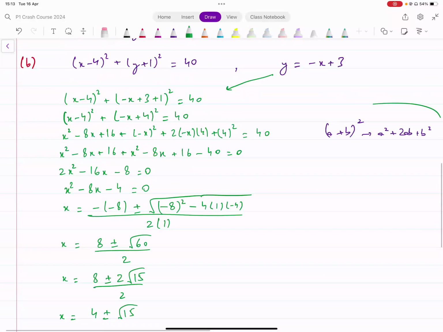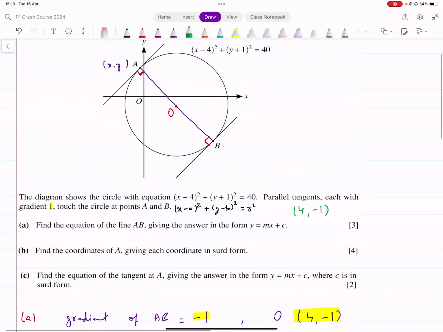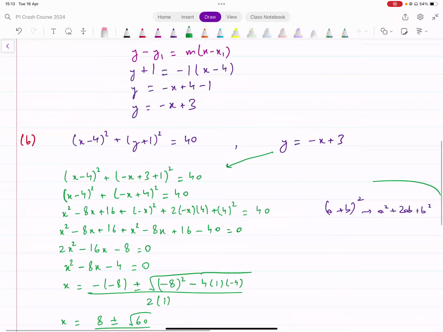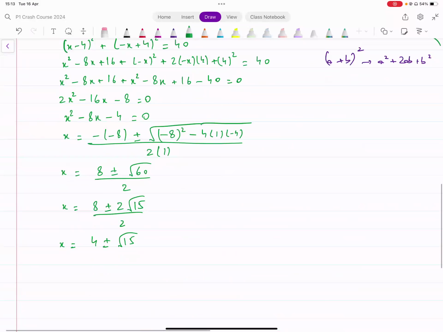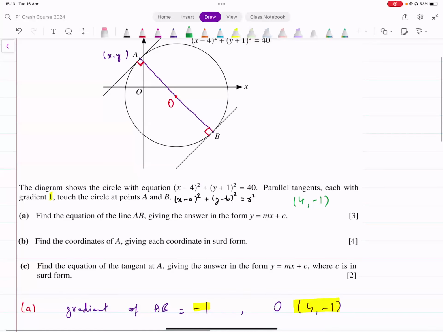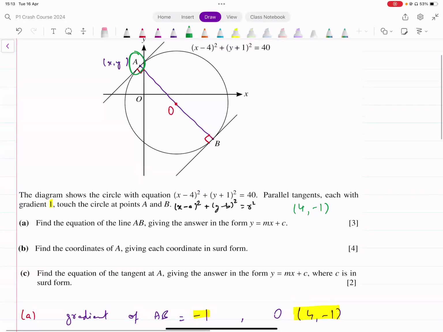These are the x coordinates that you're getting for A and B. And I think it does not look correct because it's 4 plus under root 15, 4 minus under root 15. For A, it's supposed to be a negative x coordinate, right?